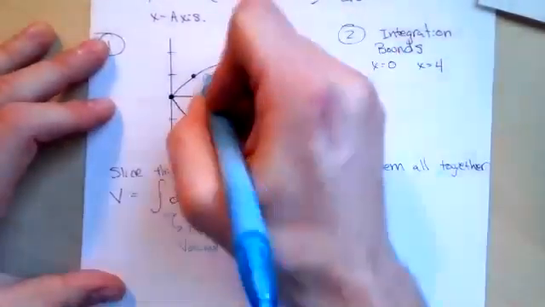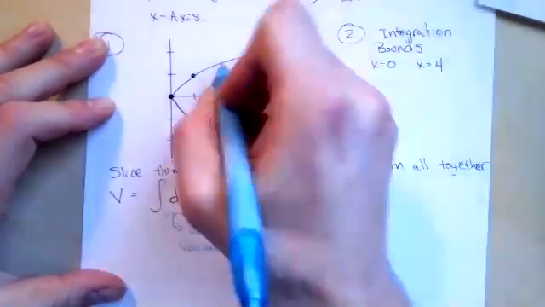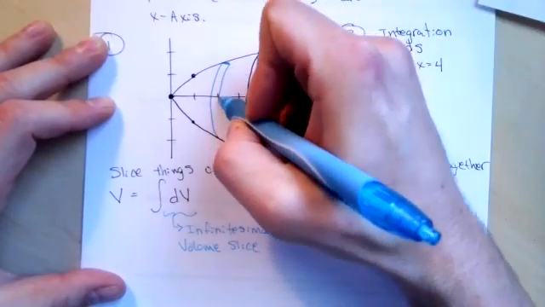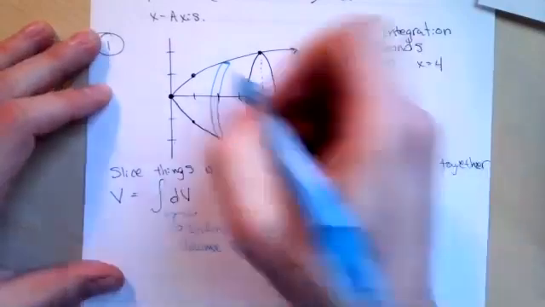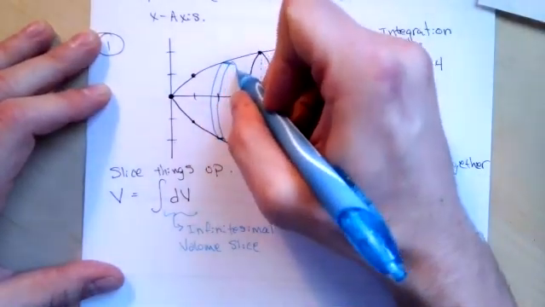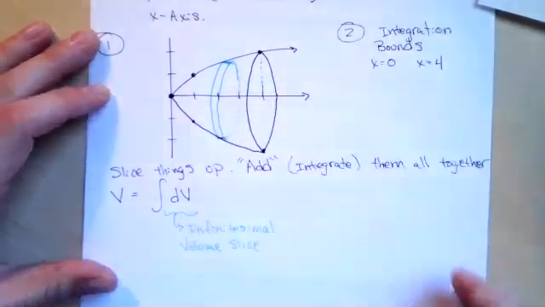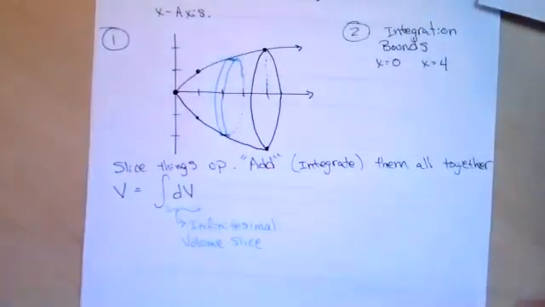So what we do is we cut it up, and each of these will have an infinitesimal width. The other reason we want to integrate with respect to dx is, as we see, let me draw this dashed since it goes back. When we cut up with respect to the x-axis, we're cutting it up perpendicular to the axis of rotation.